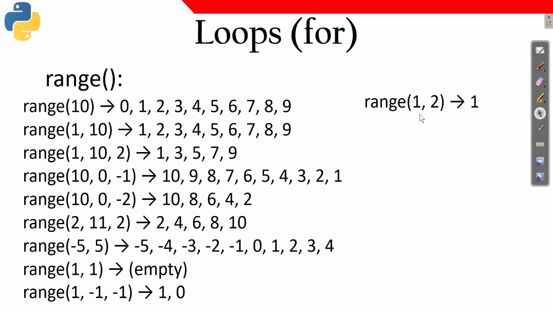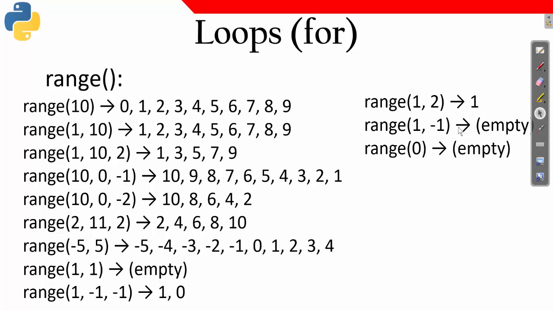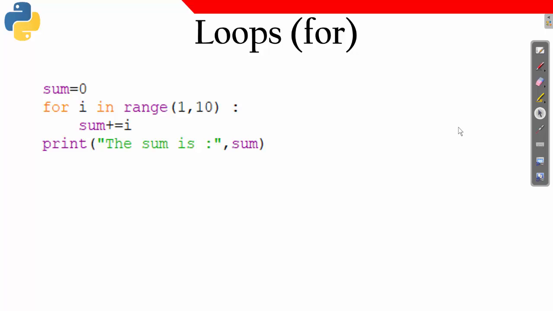If I am writing range of 1 to 2, only 1 is printed because 2 is not my target. If I am writing 1 to -1, it will return empty. If I am writing range of 0, it will give me empty. Now with this knowledge, let us see a small program.